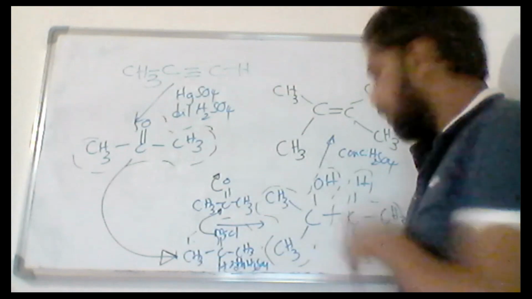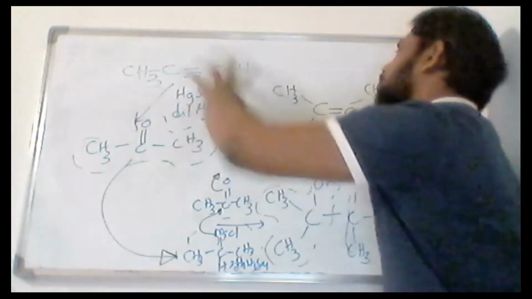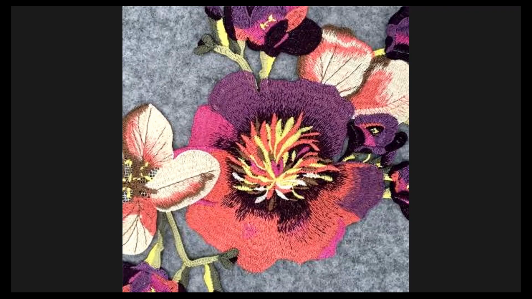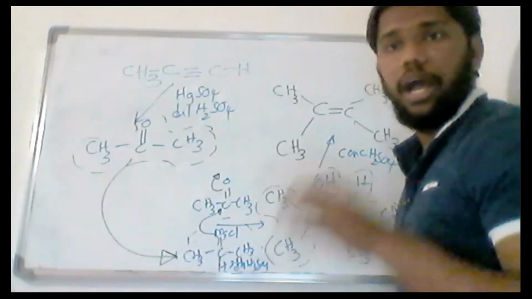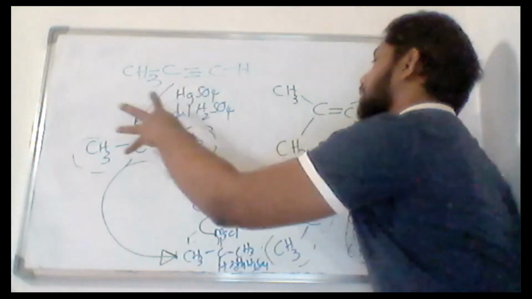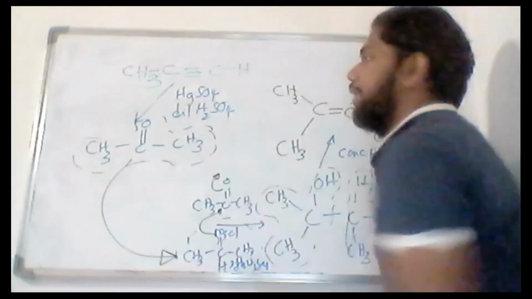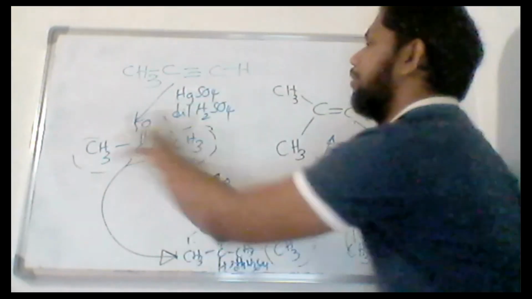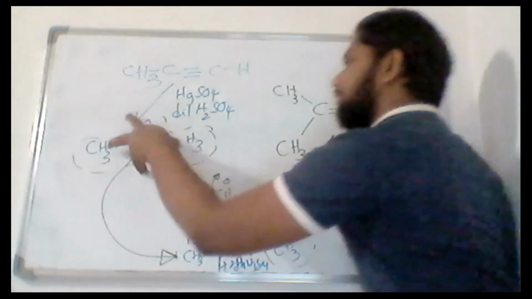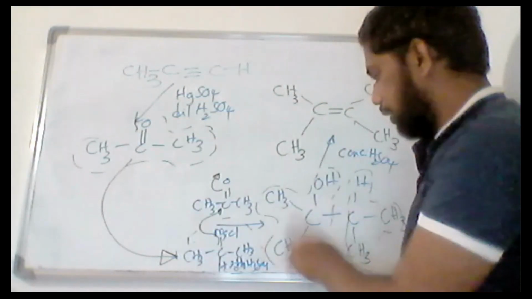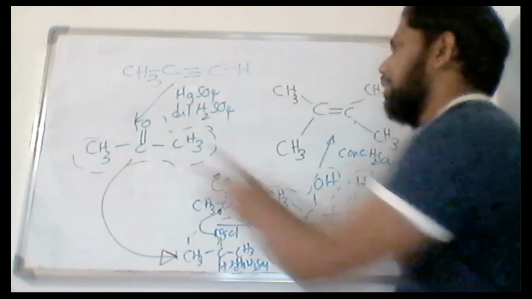Then from here also, since it has a triple bond and they have given HgSO4 and H2SO4, I thought this could be the hydration reaction. When you do the hydration using HgSO4, it will form this compound, CH3COCH3.